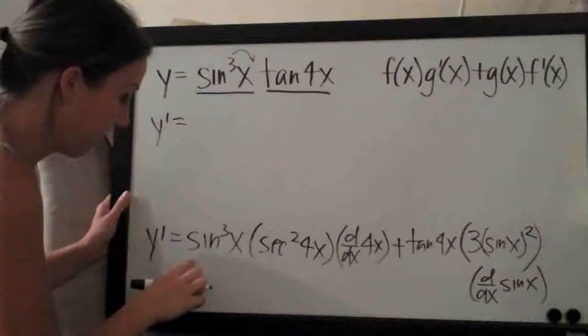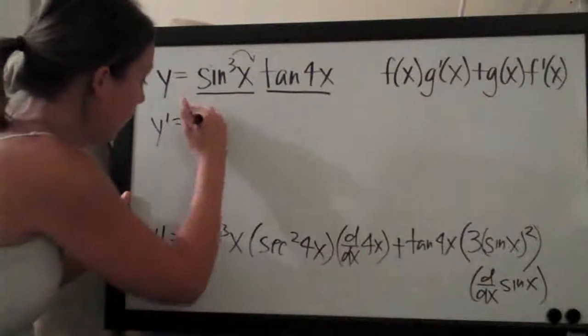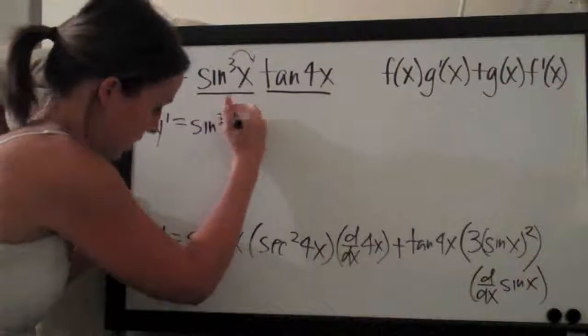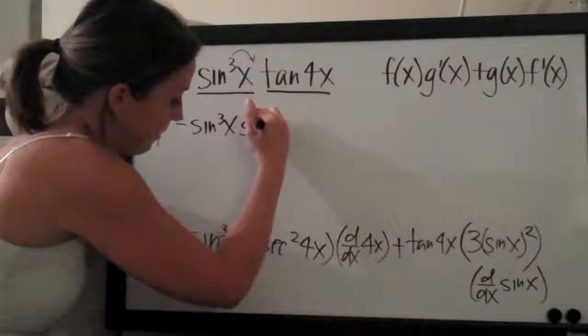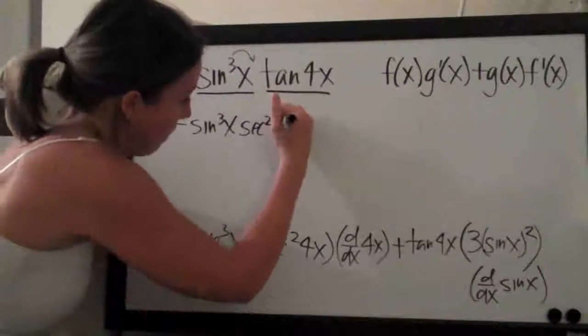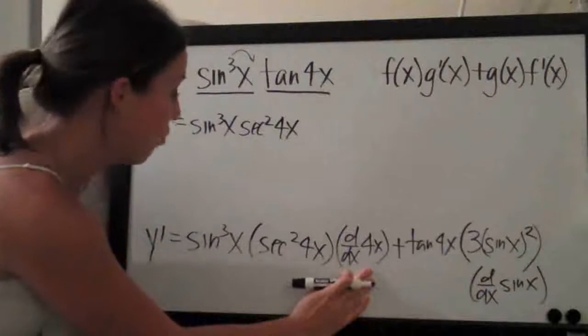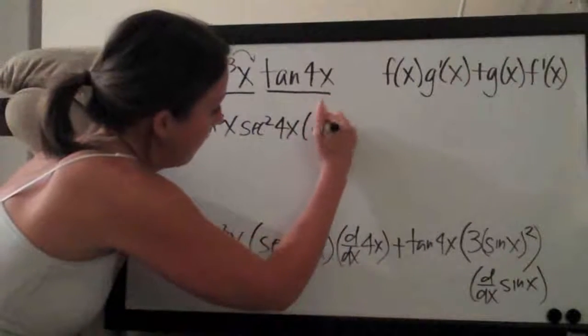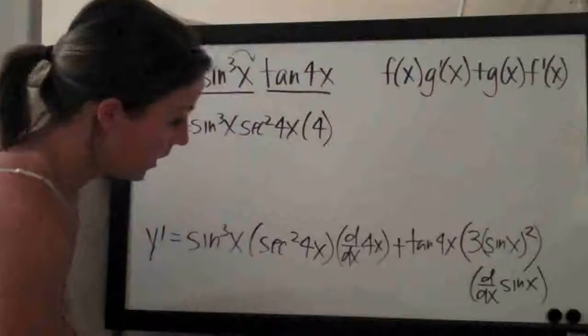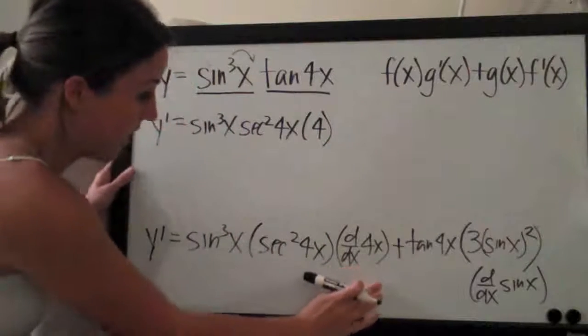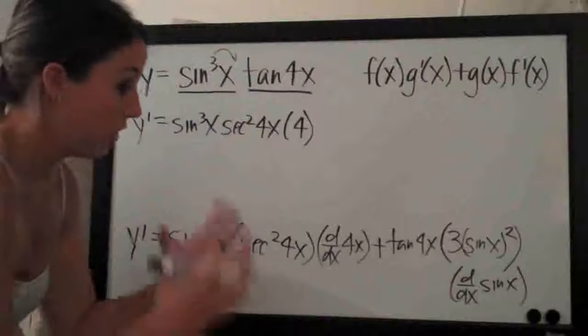Y prime equals sine cubed of x times secant squared of 4x, and then the derivative of 4x is simply 4, so we multiply by 4, and we're done with that because there's nothing further inside the function.